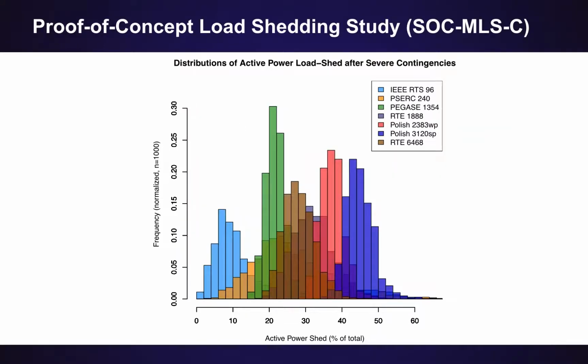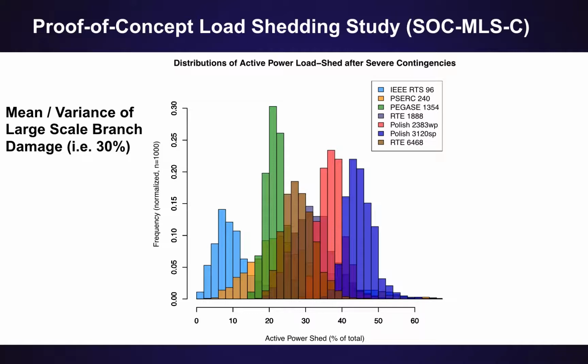Now, just to show you that even without an AC feasible solution, this can produce some interesting results. What I'm showing here is a proof of concept study for how you could do load shedding using this formulation. So I've taken each of those networks, all 1,000 cases, and what you're seeing is the distribution of load shedding across those cases.